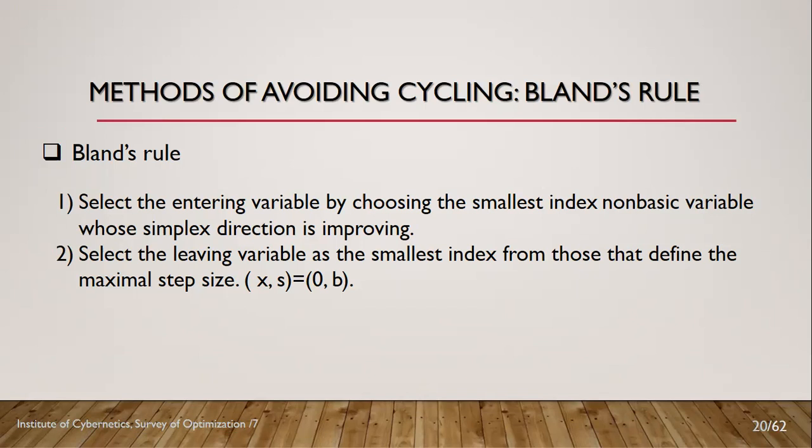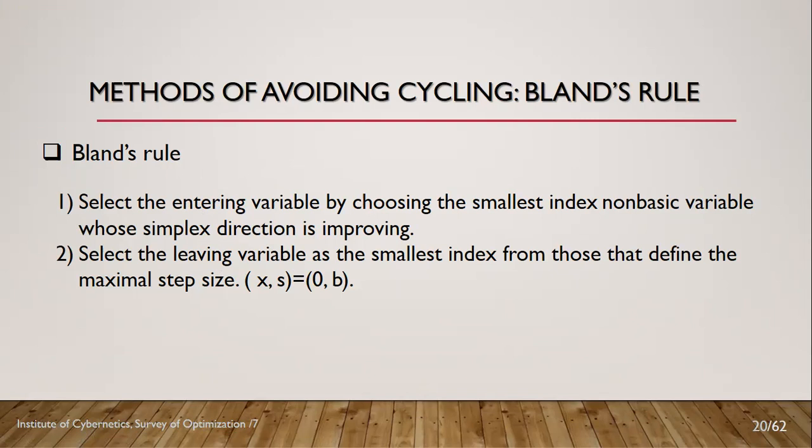Then we select the leaving variable. Entering is the pivot variable. Remember that for the leaving variable, which corresponds to the pivot element, we select the smallest index from those that define the maximal step size.